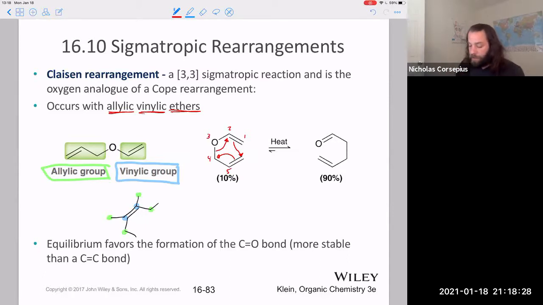Okay, so notice that if we have an allylic vinylic ether, it'll rearrange itself into an aldehyde or potentially a ketone, depending on what else is going on. If there was a group here, it would be a ketone.